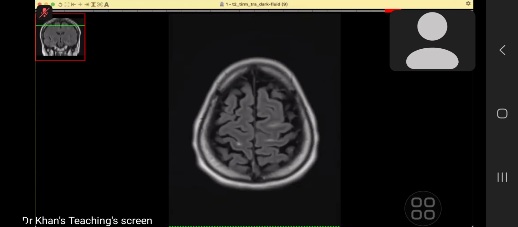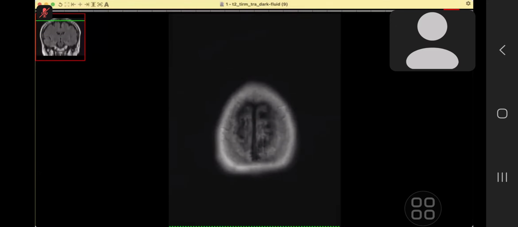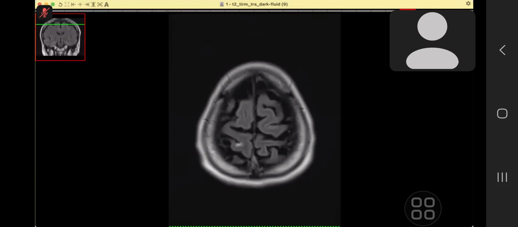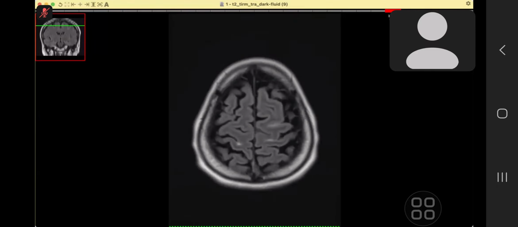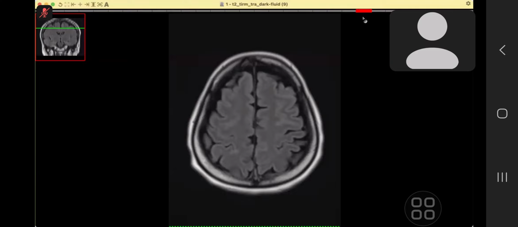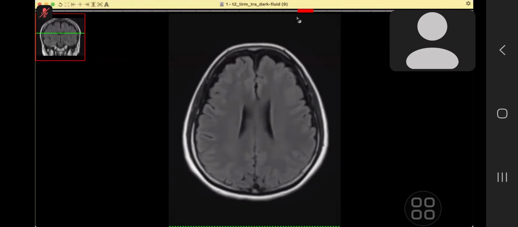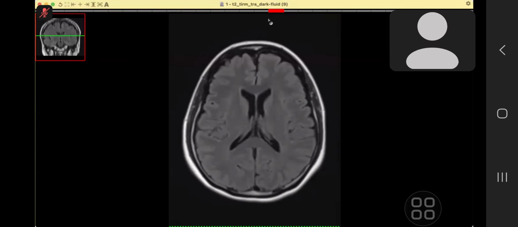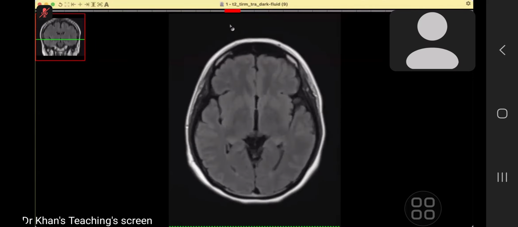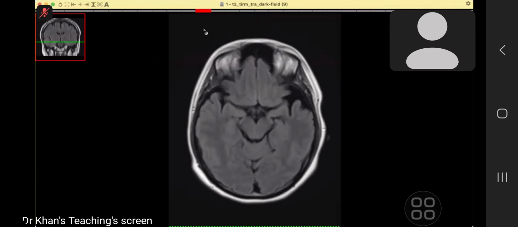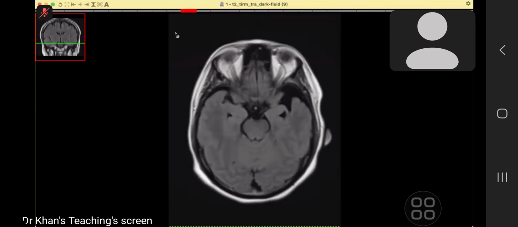I'm presented with axial FLAIR images of the brain. I'll start from the top, then go down. I can notice that there is subarachnoid space hyperintensity on FLAIR images. I'll go through the rest of the images.